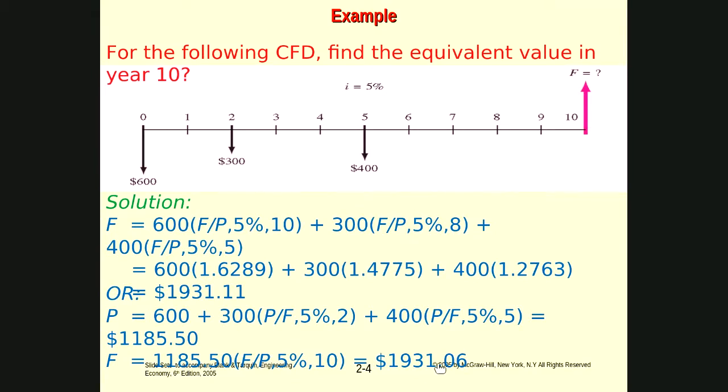That is exactly the summation of all these values from year 0 to year 5 at year 10. So the value of the 600, 300, and 400 respectively in the cash flow, how much they are worth at year 10: they are worth 1931. Okay, now let's go to the questions you have.